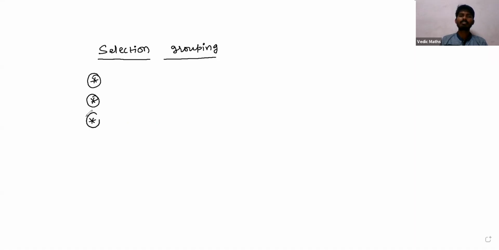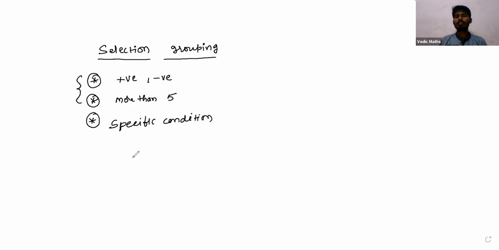Whatever conditions I discussed over, one will be whether the number starts with positive or negative, and another will be where digits are more than 5. Okay, another will be the specific condition. Specific condition means it also depends upon these two rules only, but we are operating in a different way.